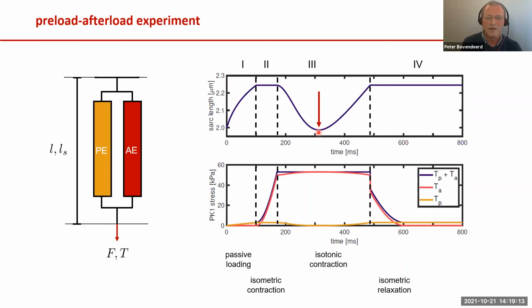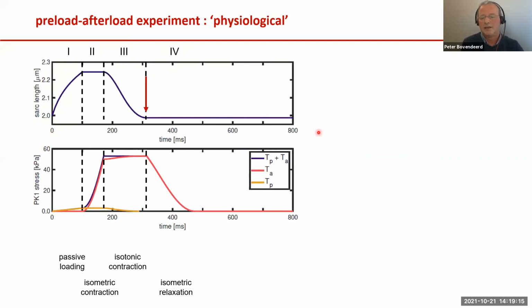So we can modify this experiment a little bit by switching to this isometric mode at the point of lowest sarcomere length. And then you get these tracings. You can also see that the tracings are a bit shorter. That's due to the fact that, well, shorter sarcomeres have shorter twitch duration.